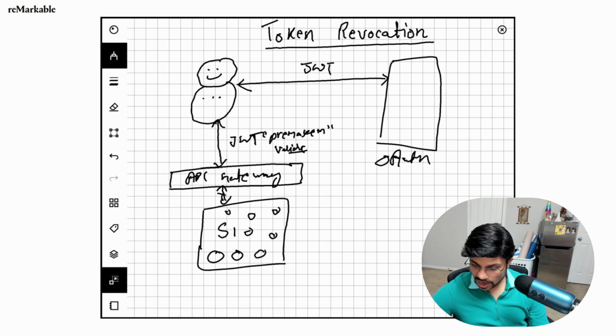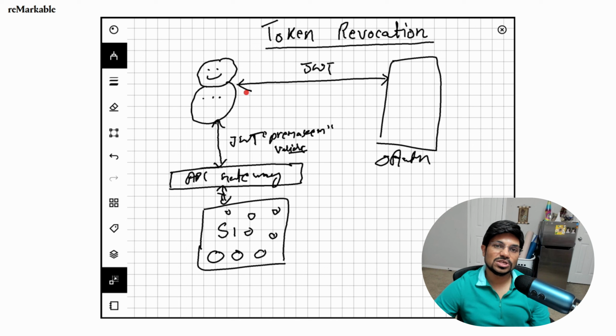So if I have to revoke, for example, this guy got a token. Now we know about JWT, which is JSON Web Token, that once it has been generated, technically there is no way that you can log it out or delete those tokens, or control these tokens. So there is a different way of doing that compared to the traditional way. What was the traditional way?